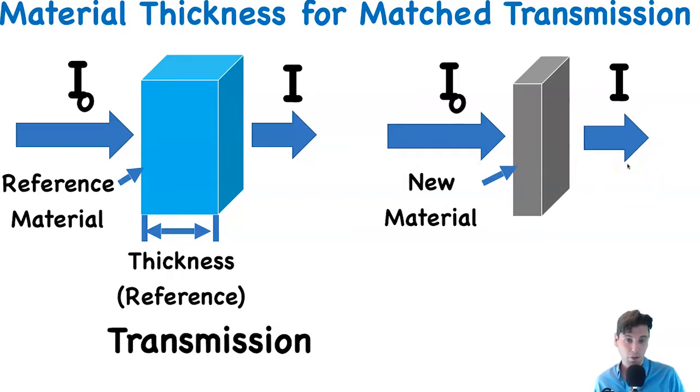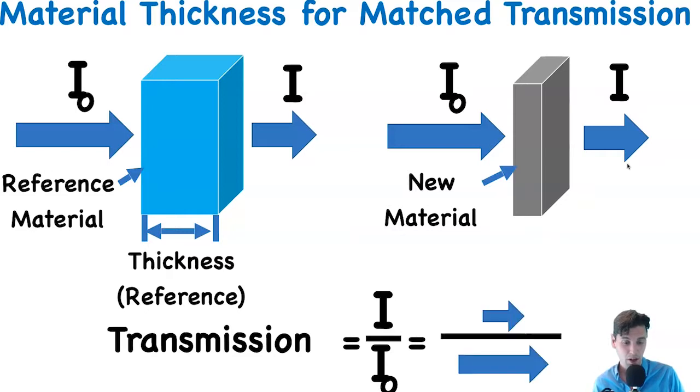As we go through, the transmission, like we talked about last time, is just the amount that comes through divided by the initial amount, namely the flux of photons coming through. Like we said, the material itself in general is not going to be making radiation, so this I is always going to be less than I naught as we're coming through.